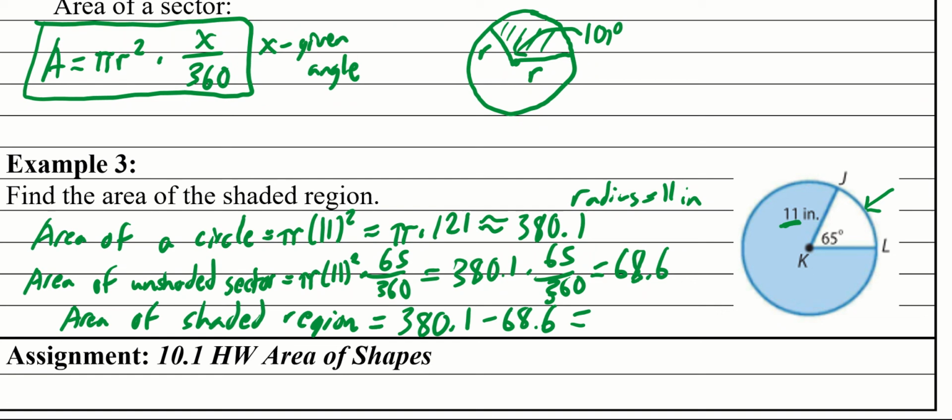So 380.1 minus 68.6, and that's going to be about 311.5. And then make sure as well we're putting labels on all of these. So this was inches squared, this was inches squared, and this was inches squared as well, since all of these are areas. And this would be my final answer. It would be about 311.5 inches squared.